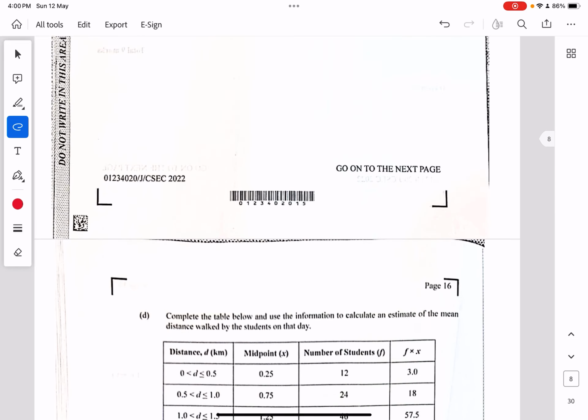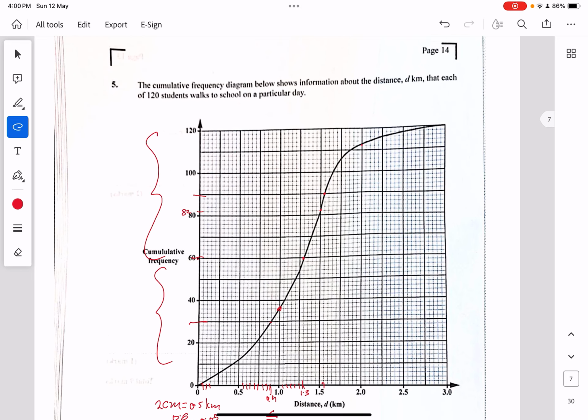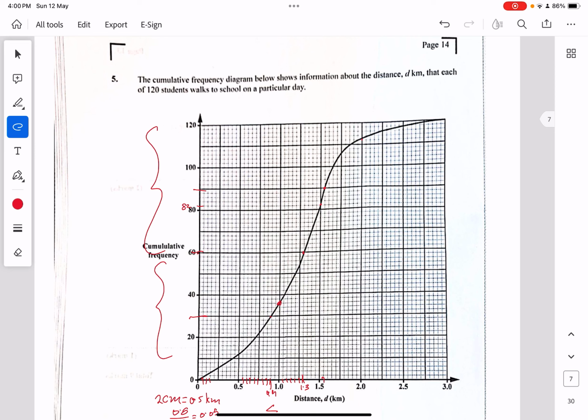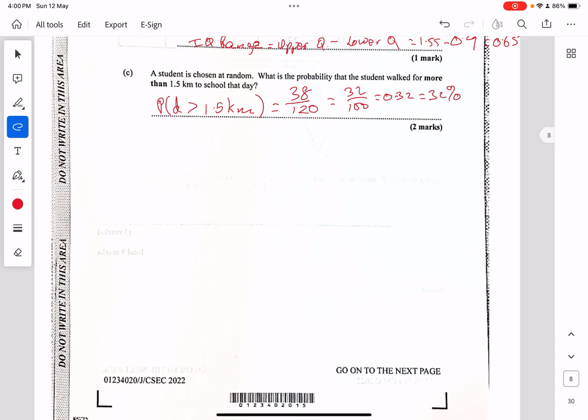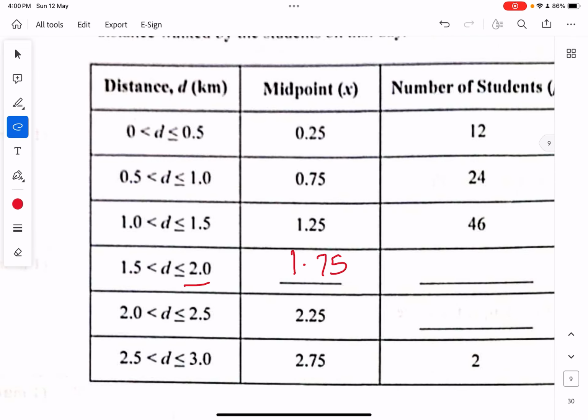And the last one is 1.5, right? So let's look at what 1.5 is as well. 1.5 gave us 82. So 112 take away 82, and that's going to be what, 30?